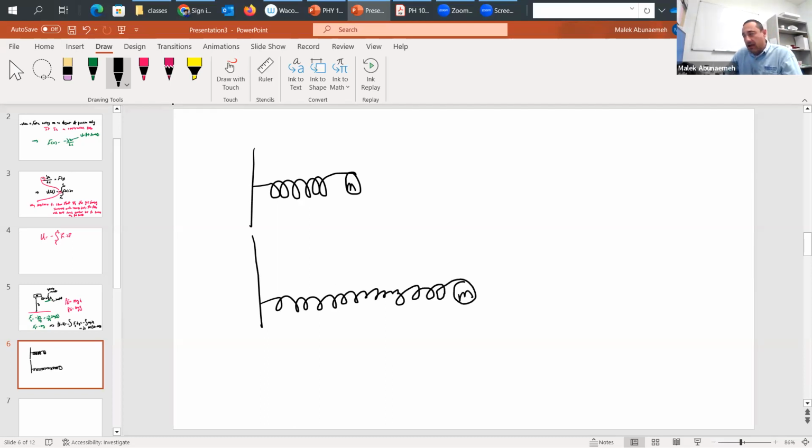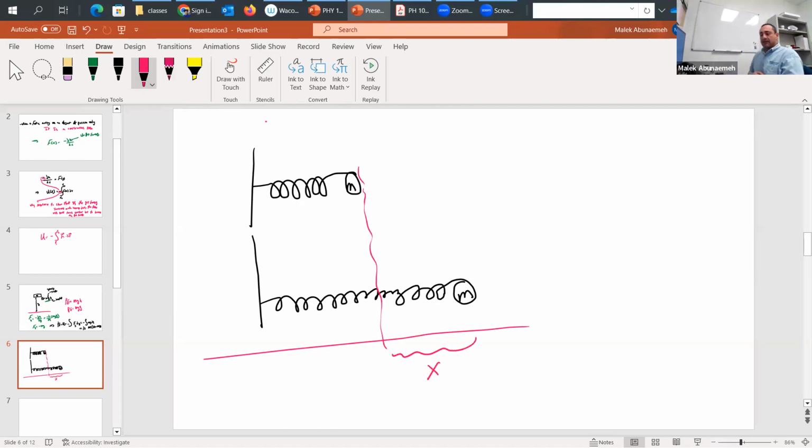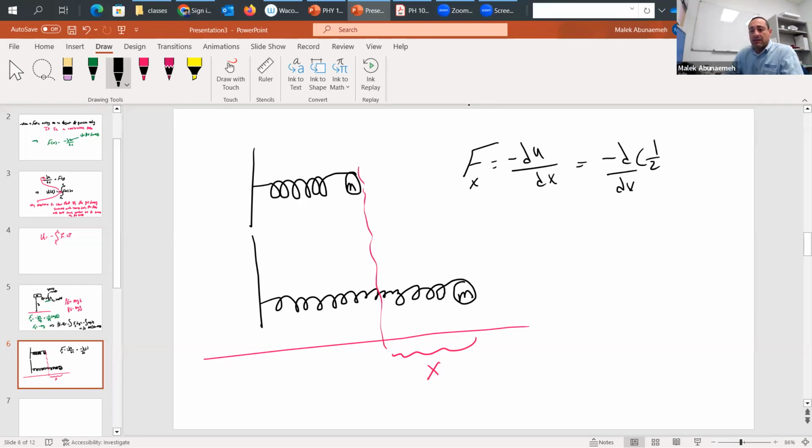This is your mass m, which is moved at a distance, let's call this distance x. Now your force in the x direction is going to equal minus dU over dx, and in this case your potential energy is 1/2 kx squared.